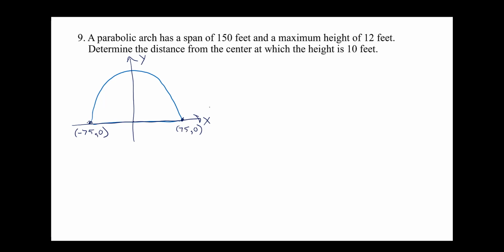And then we have a maximum height of 12 feet. So our maximum height of 12 feet tells us right here at the vertex, we're going to have the point 0, 12. Okay, so we put down on here what we know.